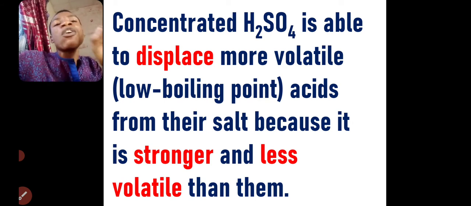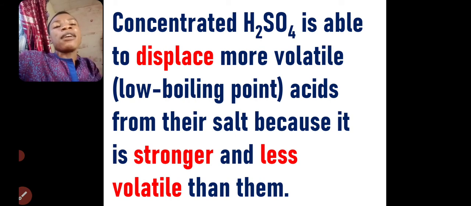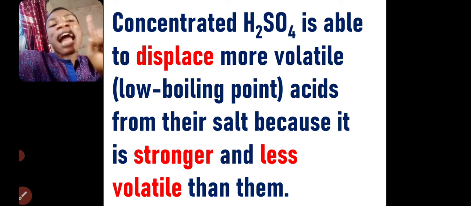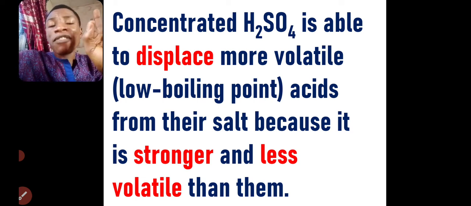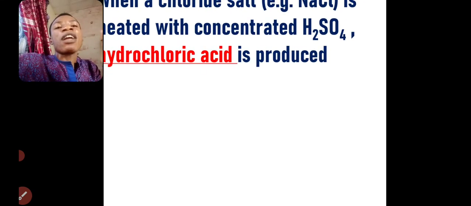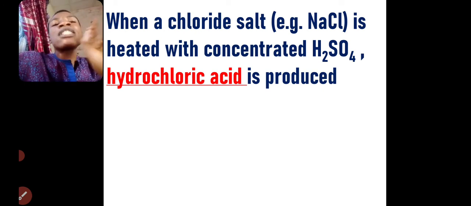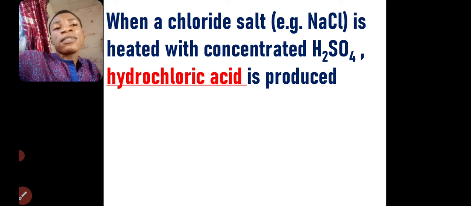If you heat conc H2SO4 with the salt of another acid, it's going to displace those acids and form them because of its high boiling point and because of its strength. It's very, very strong and has a high boiling point. So when a chloride salt is heated with concentrated H2SO4, hydrochloric acid will be produced.